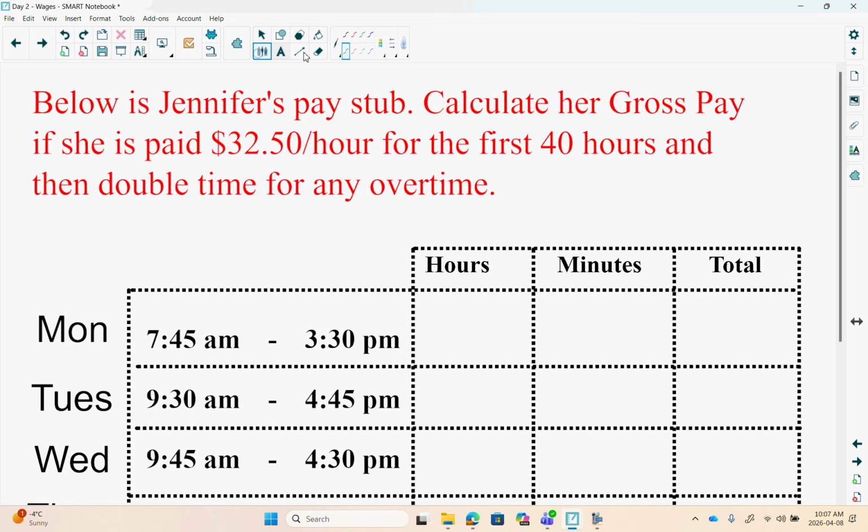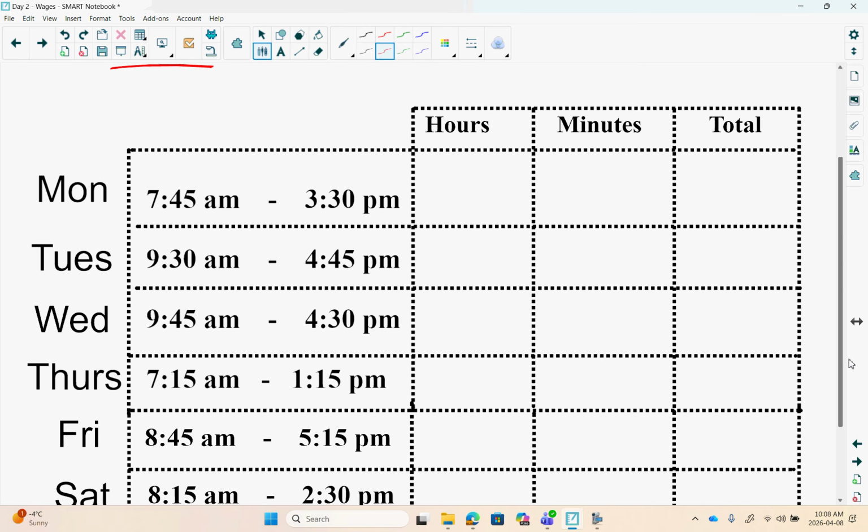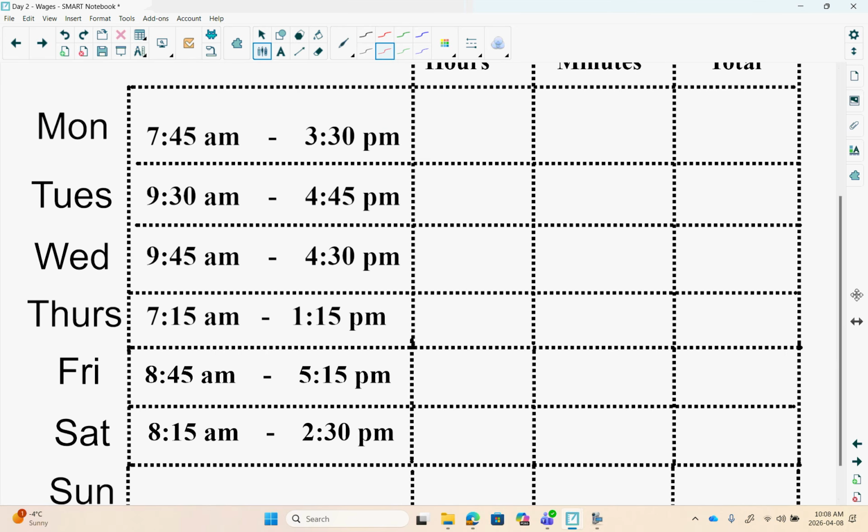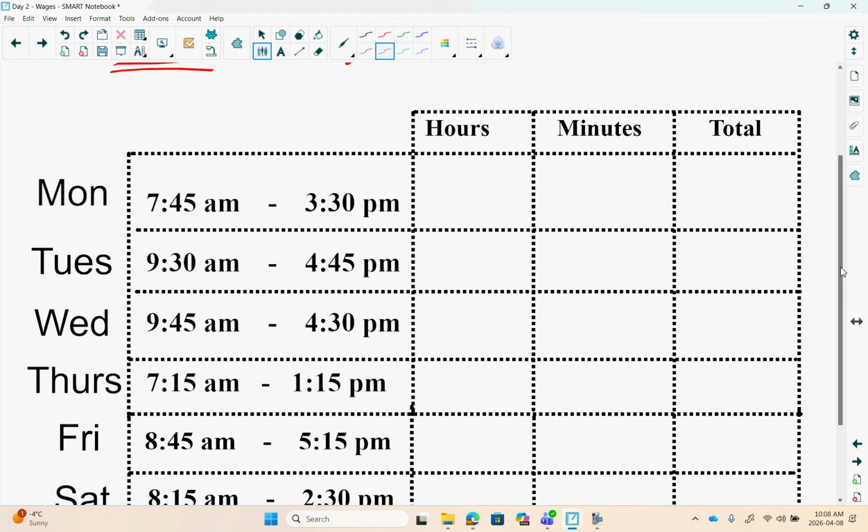Okay. So first thing we got to do is figure out how many hours Jen works. So 7:45 to 3:30. Okay. It's nice to kind of round this up to an even number.